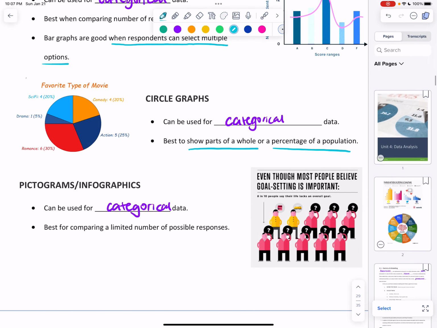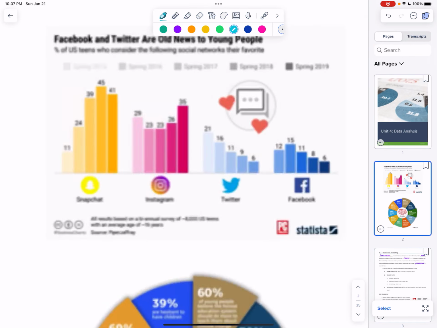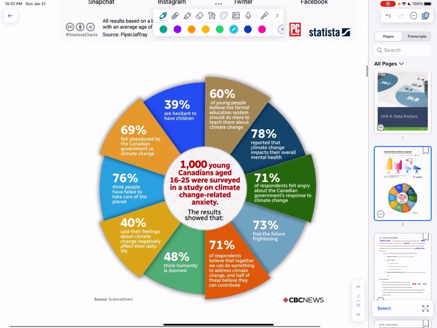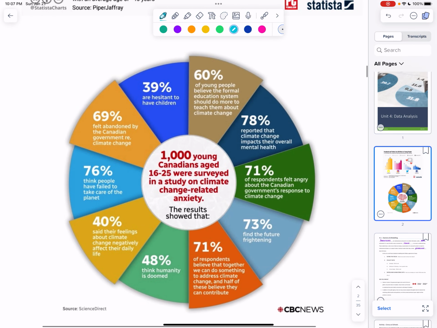Now, at the beginning of the unit, let's scroll back here. There were two graphs we looked at, and there's one in particular that we hated. It was this one. We hated it because, as someone pointed out, all of the percentages add up to more than 100. This graph is not a circle graph, because circle graphs, if they have percentages, will add up to 100, which is why it was such a poorly designed graph.